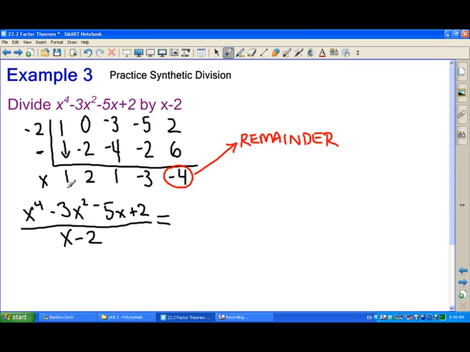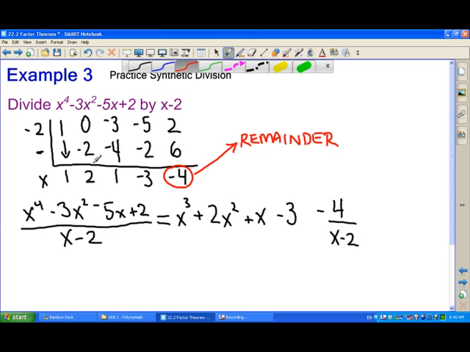And our answer, looking at our coefficients, was x cubed plus 2x squared plus x minus 3, plus a remainder of negative 4 over our divisor x minus 2. Again, notice how these numbers in our table become the coefficients in our answer.